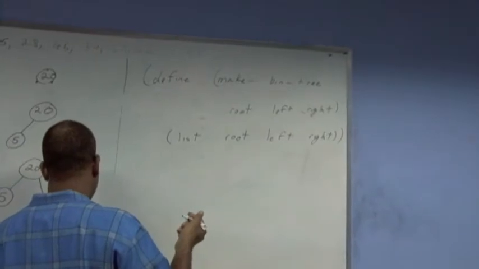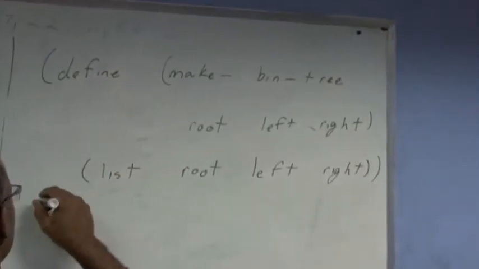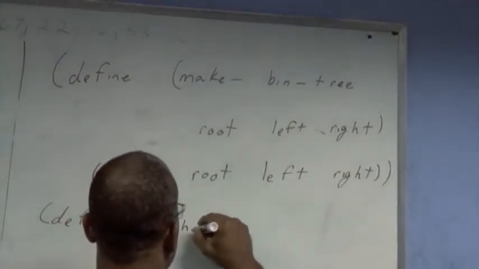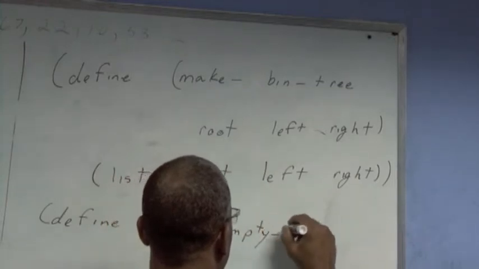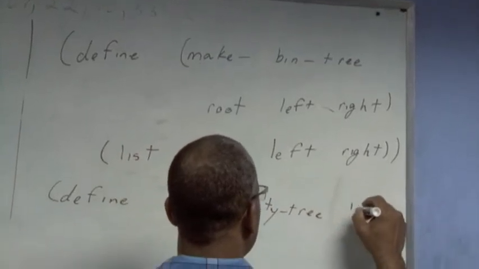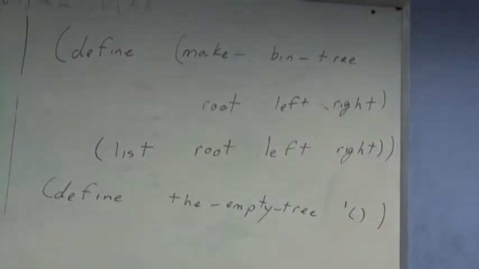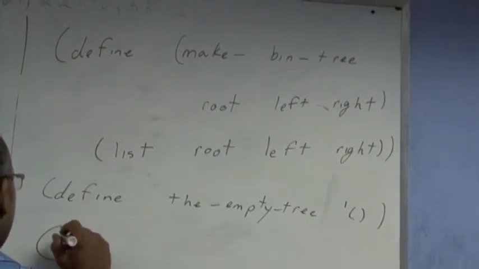Now, let's say I describe the empty tree as an empty list. Suppose I wanted to create a tree with these values.